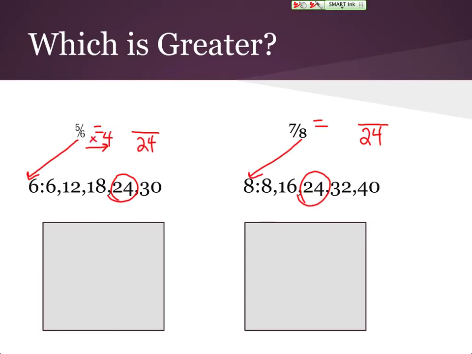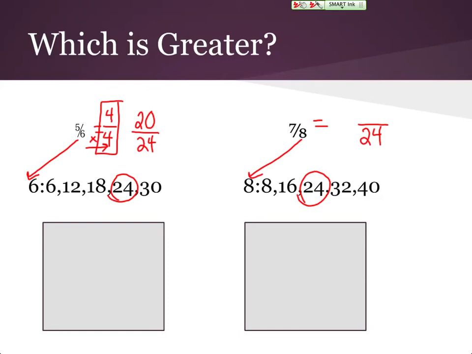If I do that to the bottom, I have to multiply the top by a form of 1, which is 4 over 4. So 5 times 4, eyes up here, please. What's 5 times 4? 20. So now we've changed it into 20 over 24ths. Once they're both in 24ths, we'll be able to compare them.